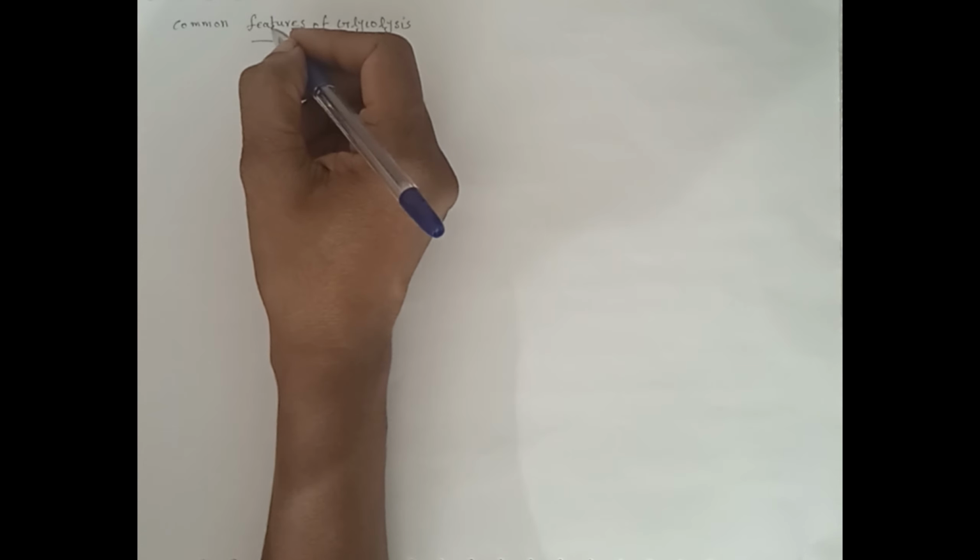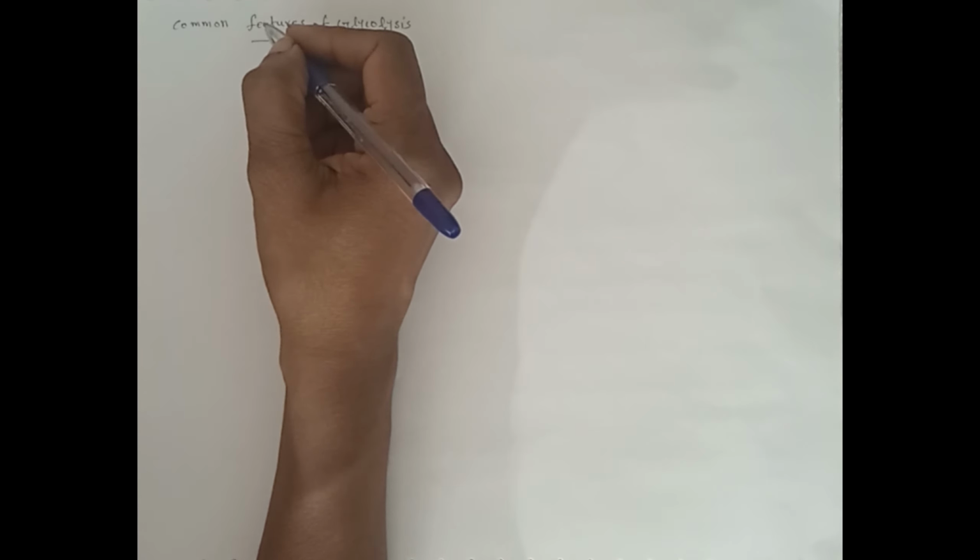What are the common features of the first step, glycolysis, in all types of aerobic and anaerobic respiration? First point, it is common to both aerobic and anaerobic respiration. Glycolysis is the common step for both aerobic and anaerobic respiration.